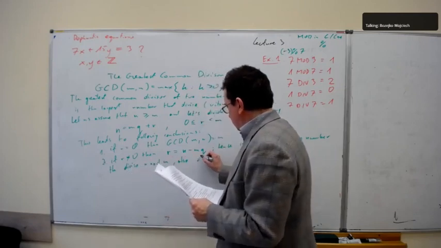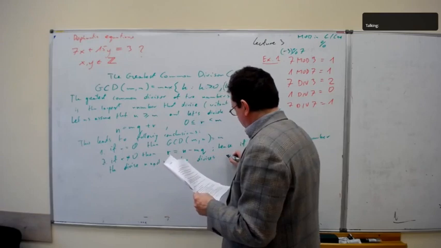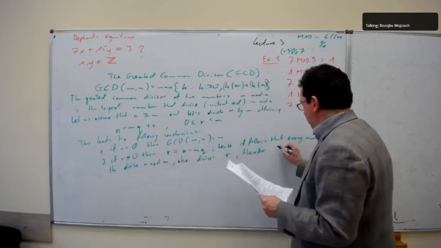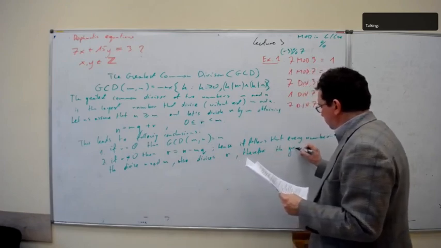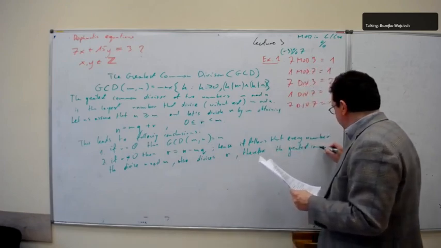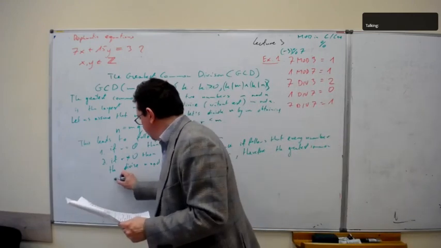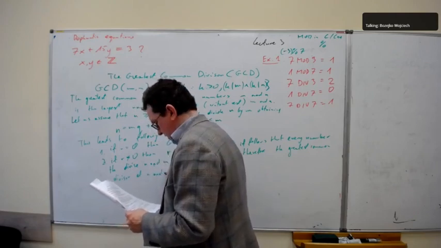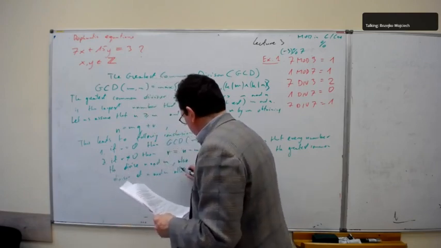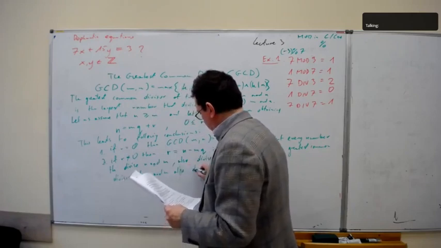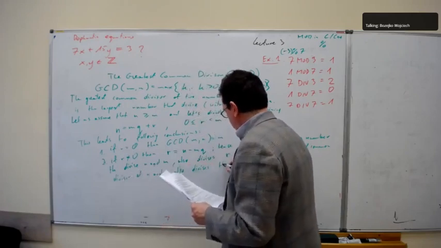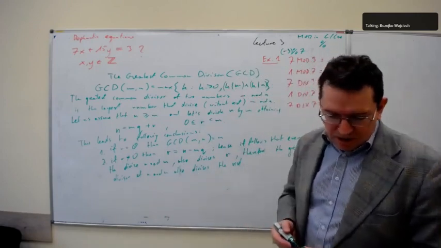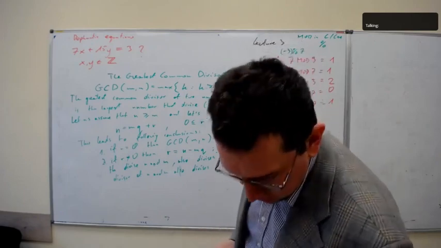Therefore, the greatest common divisor of n and m also divides the rest. And this observation is the base of something we call Euclidean algorithm.